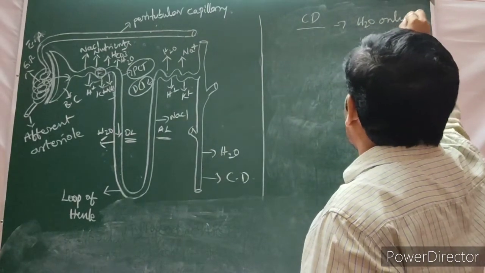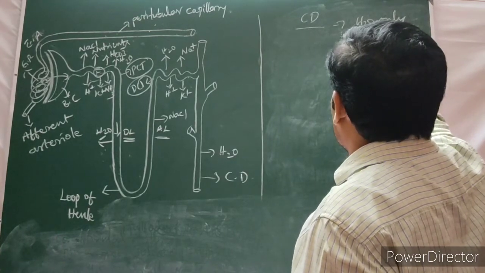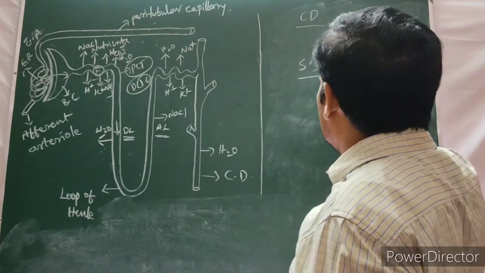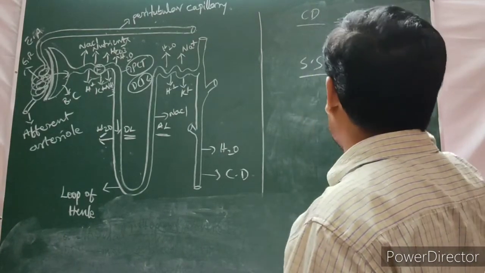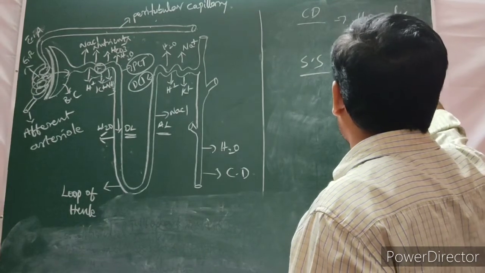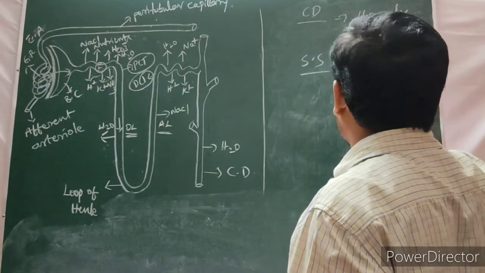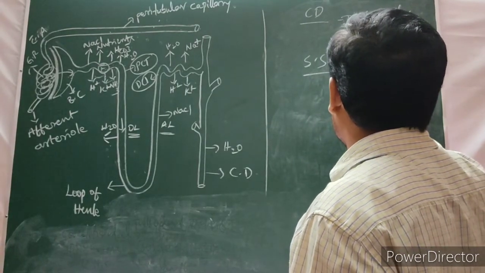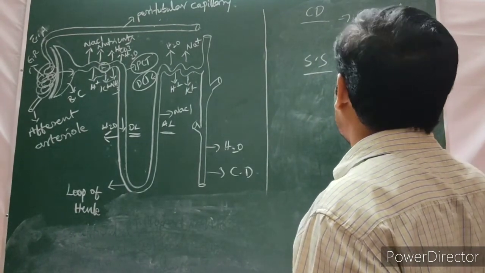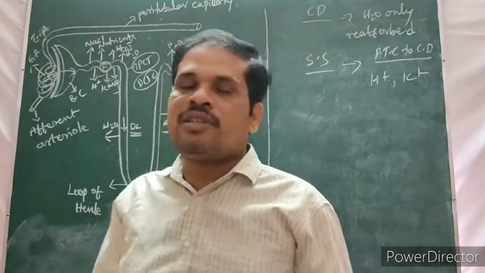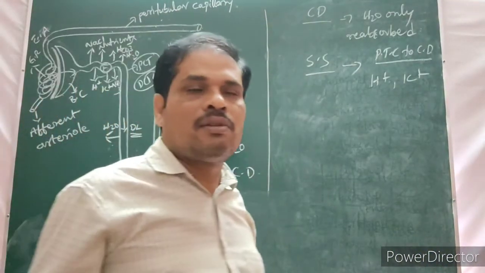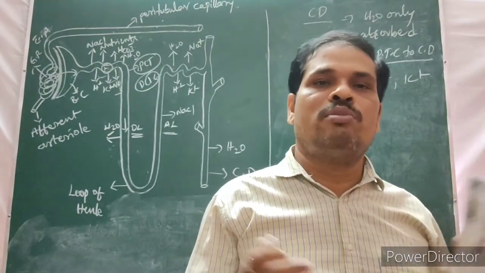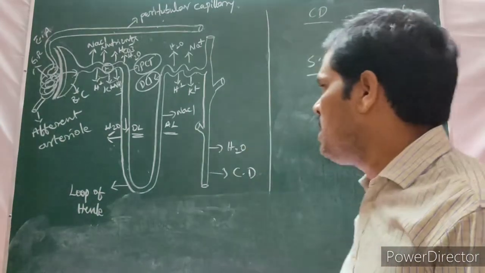Water only is reabsorbed. Selective secretion: from where to where? Peritubular capillary to collecting duct. What things are secreted? Hydrogen ions and potassium ions are secreted. What is the importance of secreting the ions? To maintain the electrolyte balance or ionic balance and also the body fluid volume. That is the importance of the secretion.